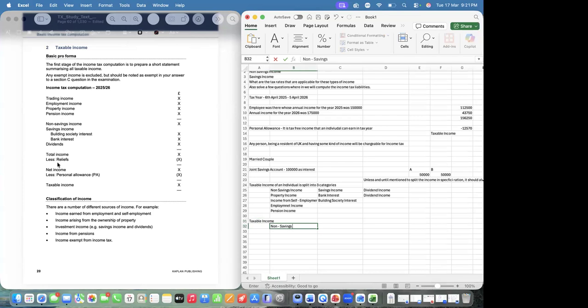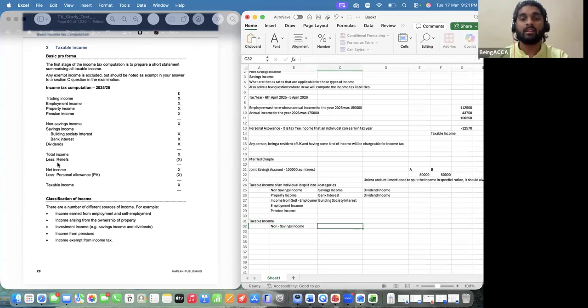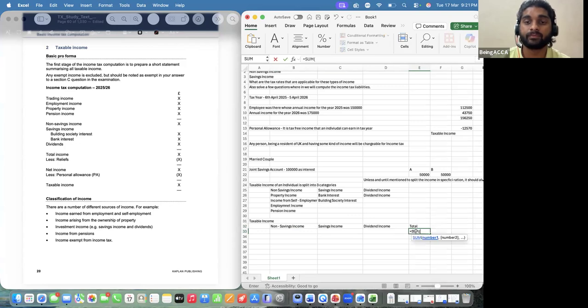So always take your non-savings income, then your savings income, then your dividend income, then your total. So total will be the sum total of all of these incomes. Clear on that? This is your total income.